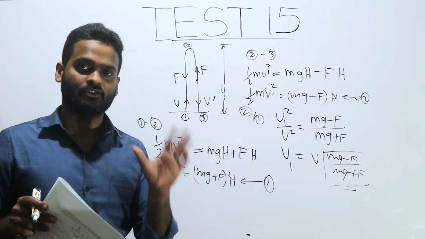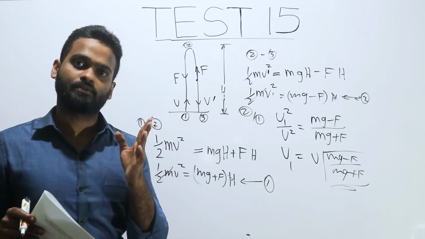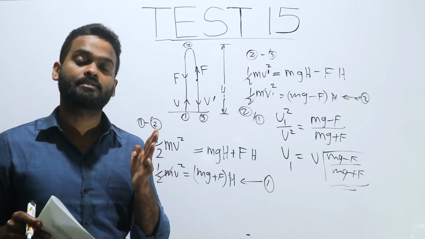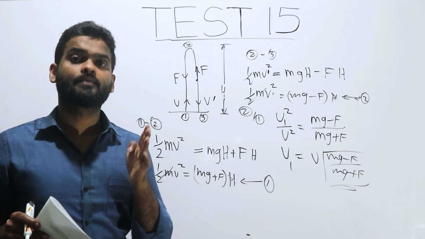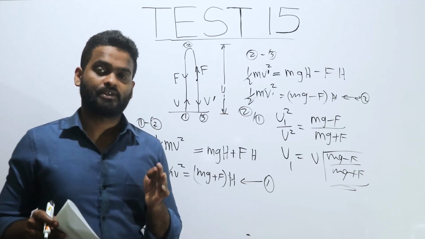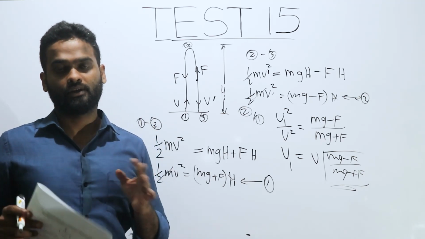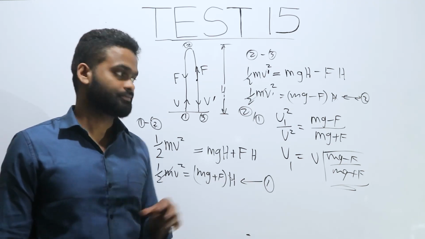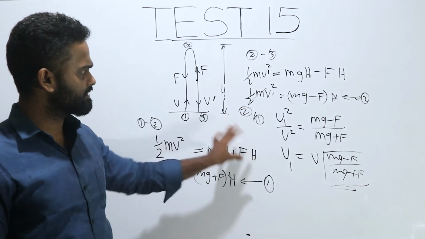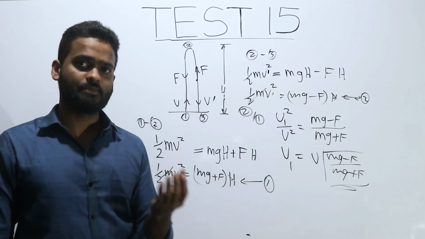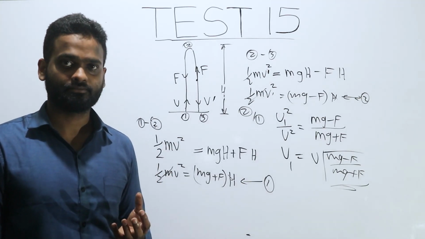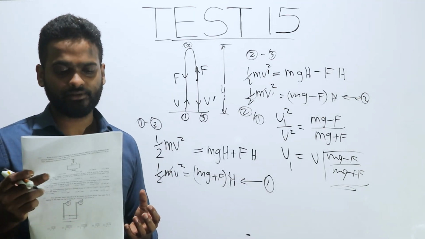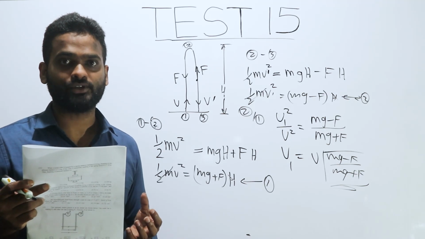In this question, there are 3 types of energy: the work done against the resistive force, mgh potential energy, and the kinetic energies. So the answer is the third one for the 6th question.